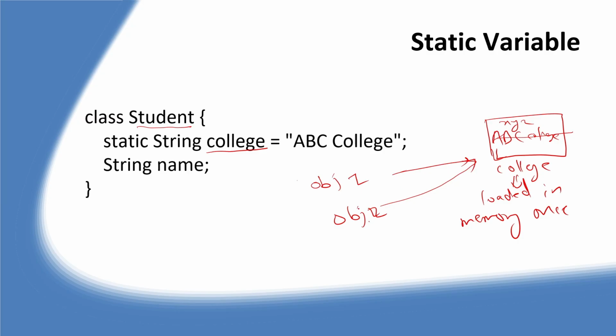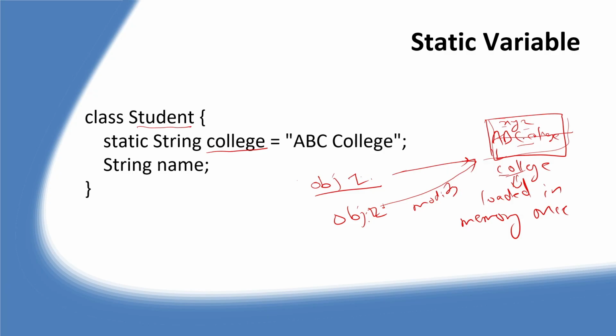Then if object 1 tries to fetch the value of the static variable, object 1 will get the updated value. That means it is a common variable for both objects. If one modifies it and another object accesses it, the other object will get the modified value.